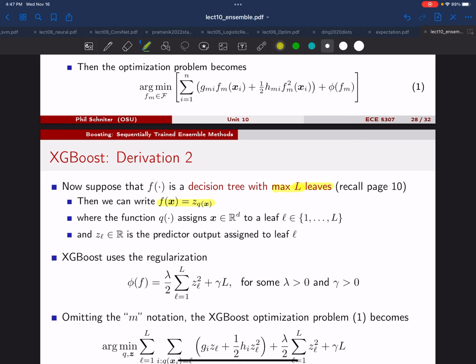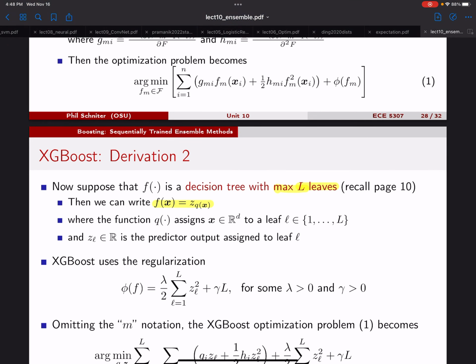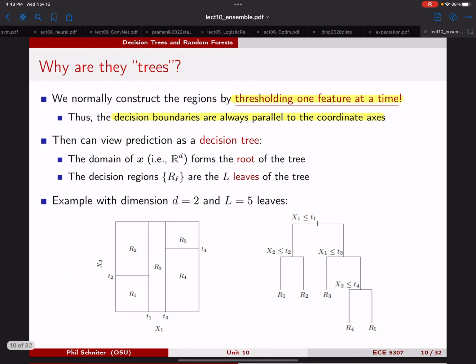What a decision tree does is it takes an X, our input, and it figures out which leaf that X maps to. And once we know which leaf it maps to, it just looks up in a table the output Z to report.